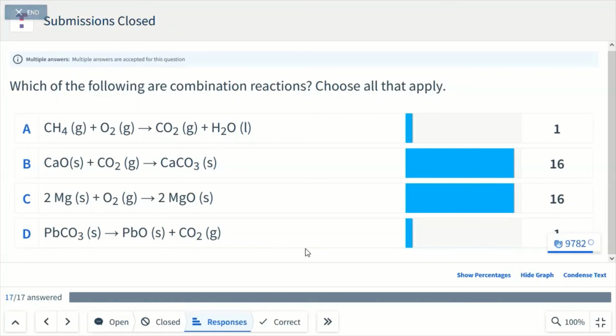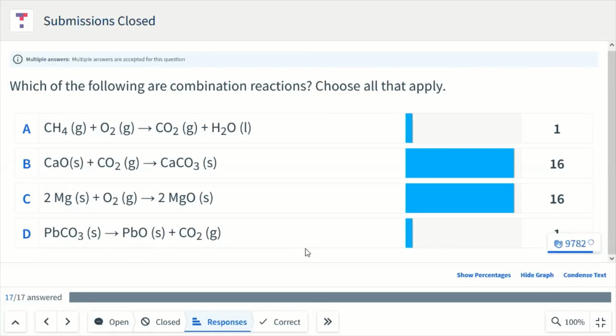All right. Most of us are on the right track, assuming that all 16 of you that chose B also chose C. So A, that's a combustion reaction. Again, the difference there is that we have multiple products. If it was a combination reaction, we can only have one product. It's a synthesis. We're bringing together multiple things to make one single entity.